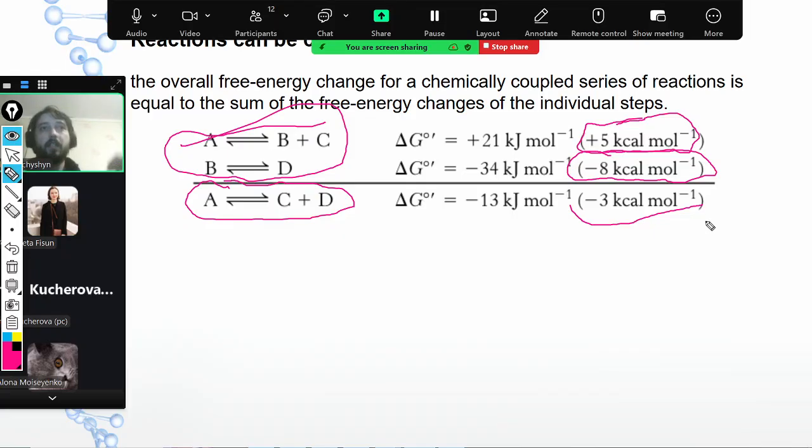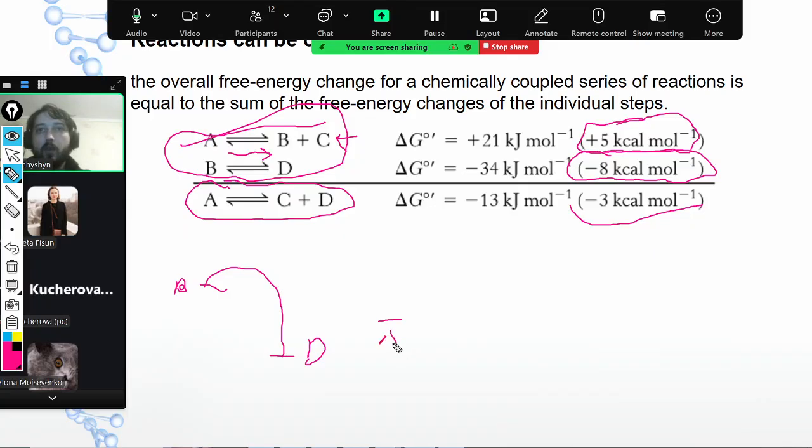At the expense of the energetic favor of one of the reactions, this one, B to D, would really like to go from B to D because that's really energetically favorable. So B is here, D is somewhere down there, while the first one is not.